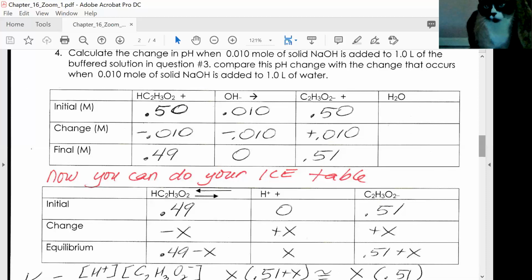You're reacting the acetic acid with the hydroxide, and you're gaining product. When you do your math, your final molarity is 0.49 for the acetic acid, 0 for the hydroxide, it got all used up, and 0.51 for the acetate.